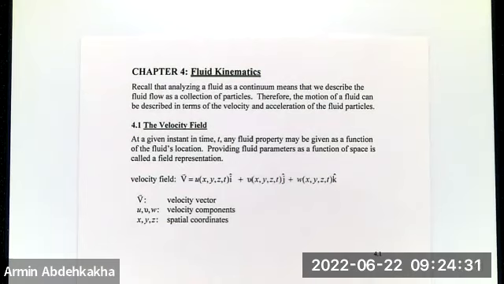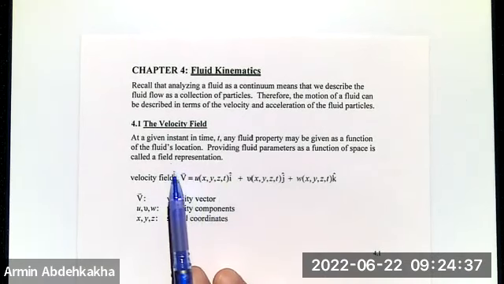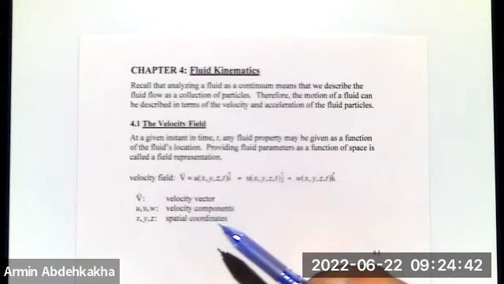So at a given instant in time, any fluid property may be given as a function of fluid location, okay? Providing fluid parameters as a function of space is called the field representation.